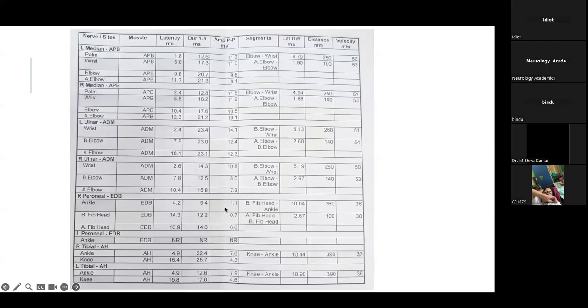Then lower limb: right peroneal EDB distal amplitude is decreased with latency prolonged and velocity on the lower side. Right peroneal proximal responses are absent. Right tibial amplitude is normal, latency is normal, velocity is on the lower side, but not in the demyelinating range. Left tibial amplitude is normal, latency is normal, velocity is on the lower side.